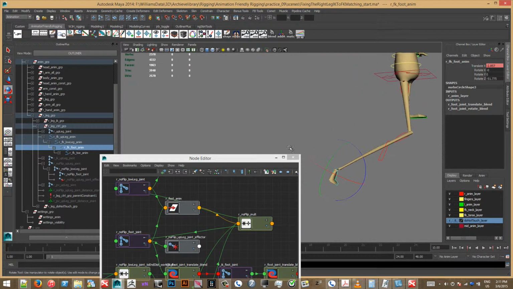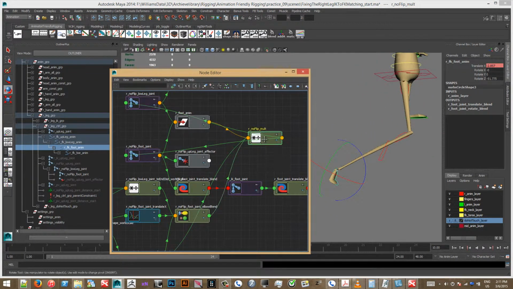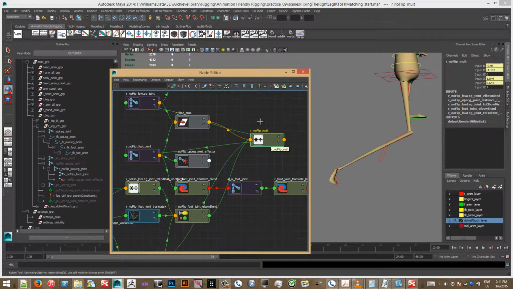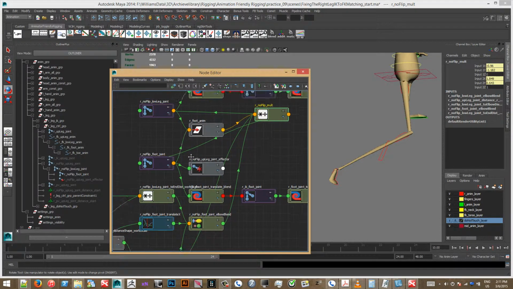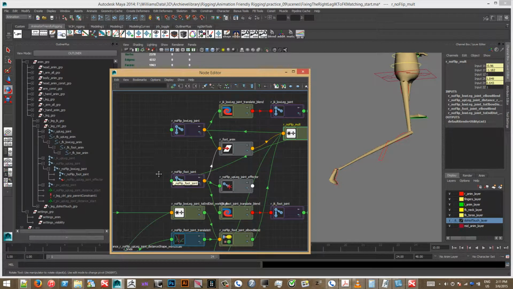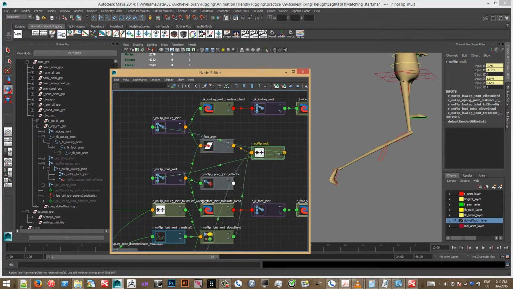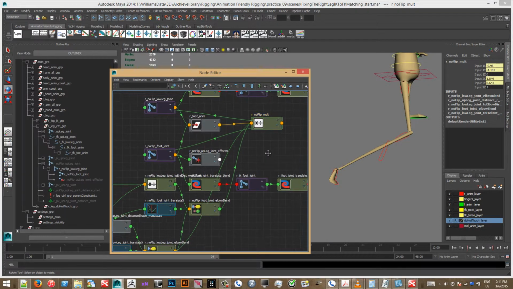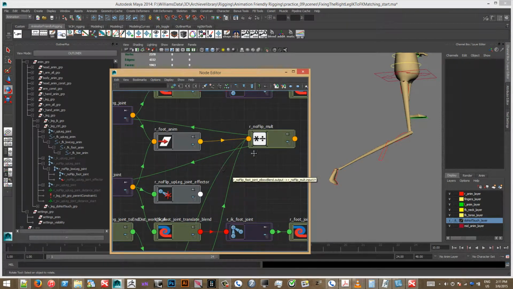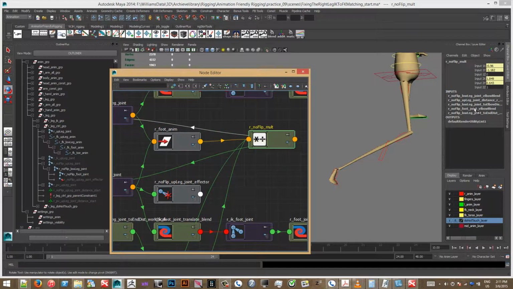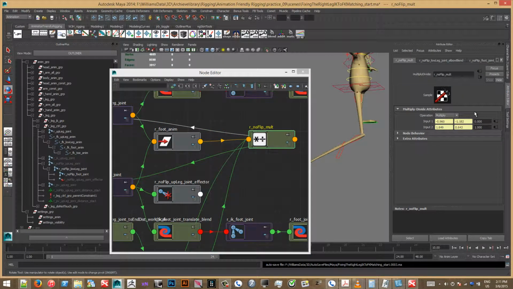And so what you want to do is, the output of this R no flip mult is going into the no flip joints here. Okay, so if you look at that, where's R foot anim?